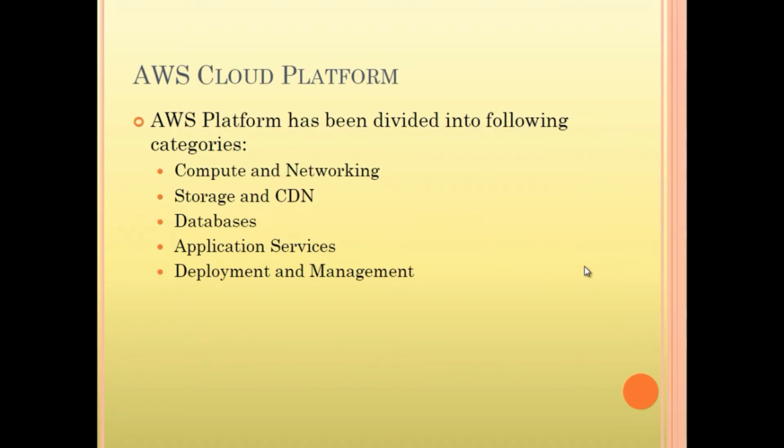Databases is also one of the services provided by AWS, followed by application services. In these services, we talk about the notification services and the email services. And last but not least, we have deployment and management, where we talk about how to deploy the application automatically and how to monitor your resources for the various threshold values that you set.